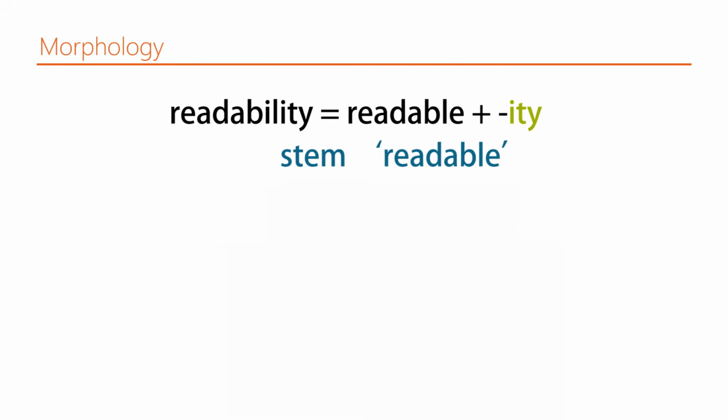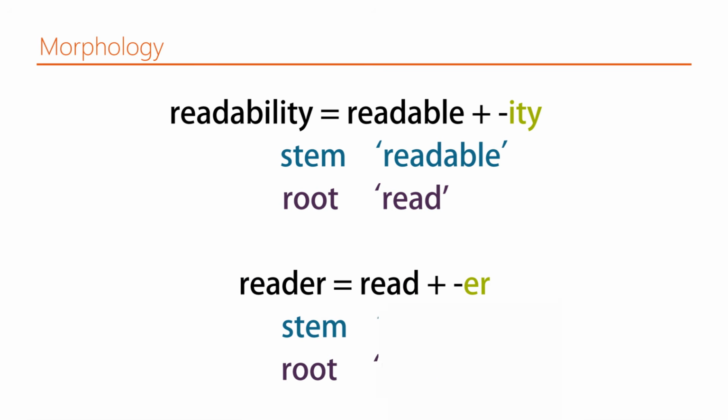The word "readability": "readable" is the stem or base, but "read" is the root. In "reader", both root and stem are "read". But in "readability", the stem or the base, and I say base because it is derivational, is "readable".